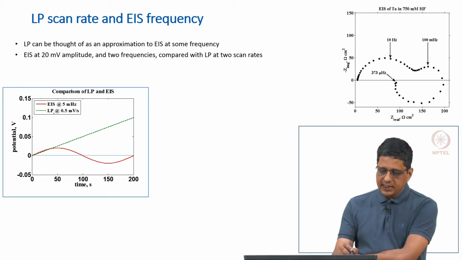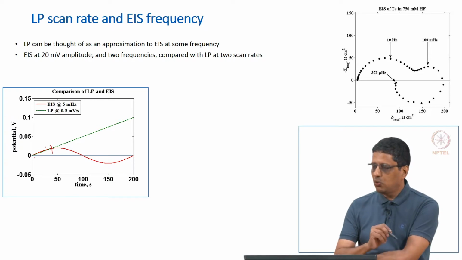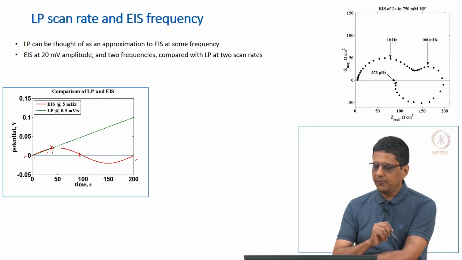If you are doing EIS experiments at 5 millihertz and 20 millivolts amplitude, the amplitude and frequency both are important. Then if you look, the red color line which shows the sinusoidal potential is more or less overlapping with the green color line, not exactly, but it is somewhat similar up to nearly 1/4 of this cycle. This is one full cycle, half cycle, and this is 1/4 of a cycle.